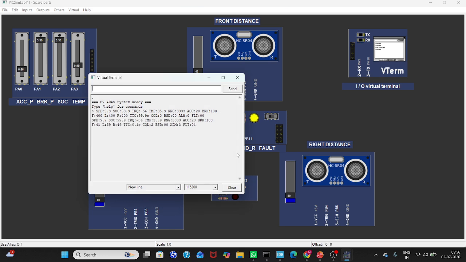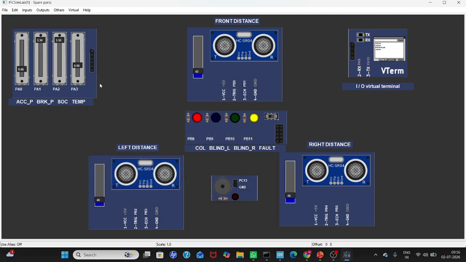Here it comes with present speed, SOC, torque, temperature, range, acceleration, brake, etc., based on the things that I have set here.